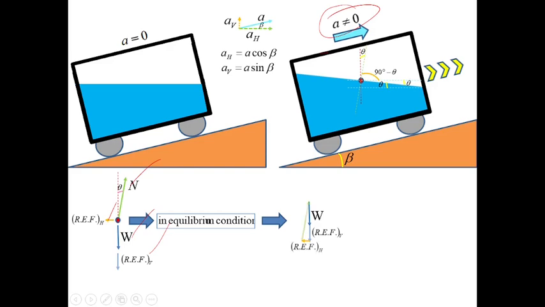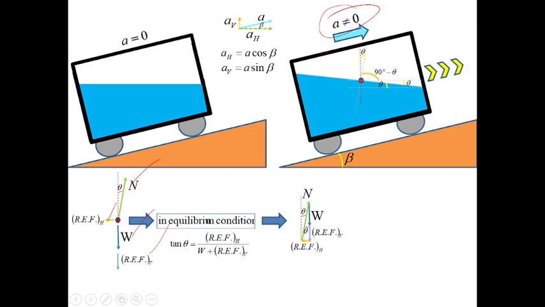Okay? Then, i-connect natin yung tail ng normal force sa head ng reverse effective force horizontal. Okay? At take note, itong angle na to, theta. Therefore, ito rin ay theta. No? Alternating angles kasi sila.